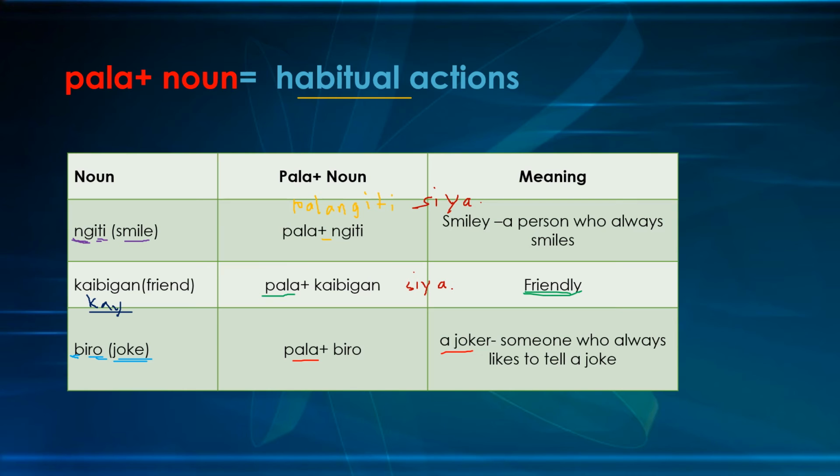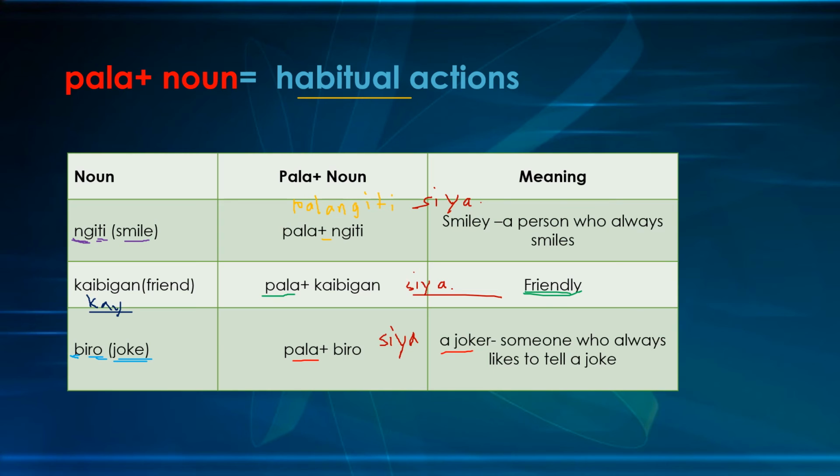So again, can you create a sentence using this one? We can use this pattern or we can just simply add siya at the end. Palabiro siya. And it means he or she is a joker, or he or she likes to tell a joke.